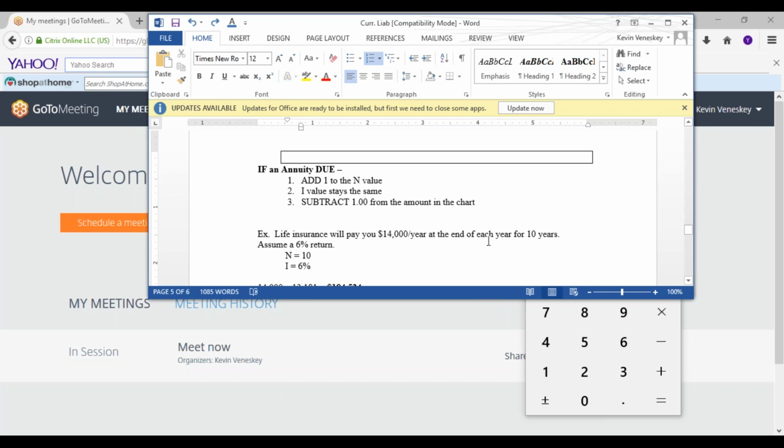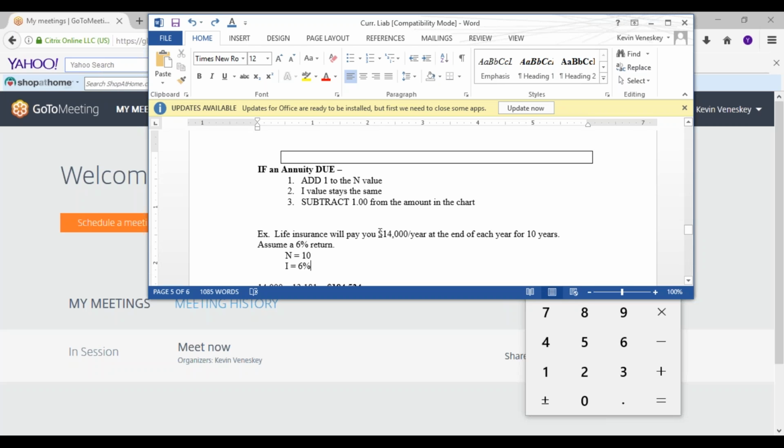Well, there's nothing listed in here about multiple payments in a year, and there's nothing in here about semi-annual or quarterly compounding. So my N is simply the number of years. I'm not doing anything special during the year. And then my interest, since there was nothing special with my N, there's nothing special with the interest. It's just 6%.